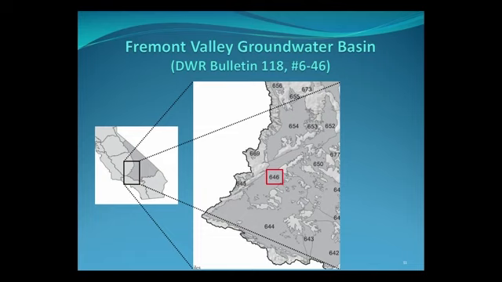We think we have. This is the Fremont Valley Groundwater Basin. It's Basin 646 under DWR's Bulletin 118. You'll notice Basin 654. That is the Indian Wells Valley Basin, immediately to the north of the Fremont Valley Groundwater Basin.